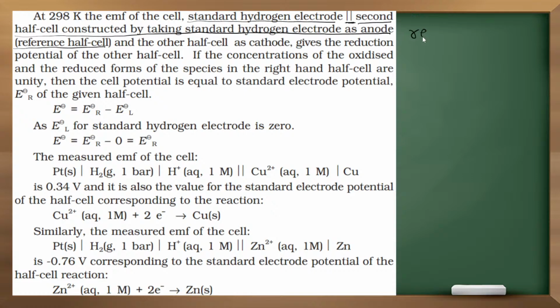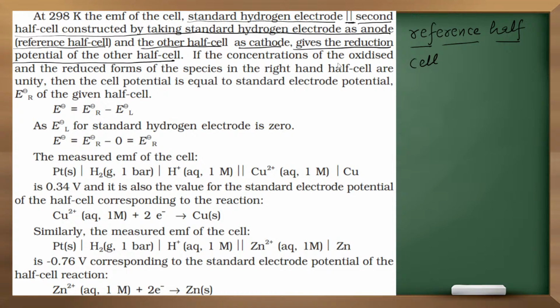Reference means reference electrode or reference half cell. It means its potential is known to us. That's why it is called reference. We refer to it. And the other half cell is the cathode, and it gives the reduction potential of the other half cell.